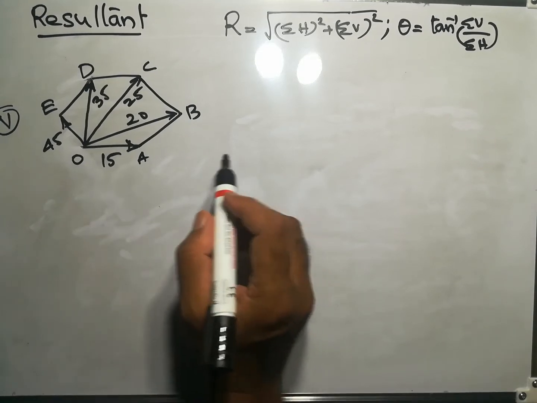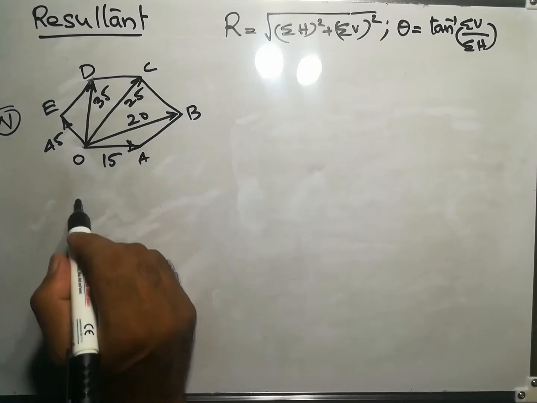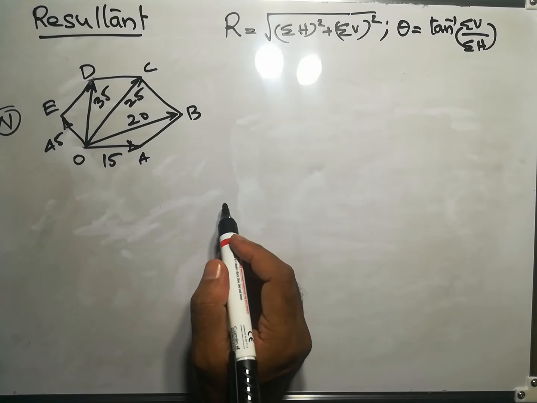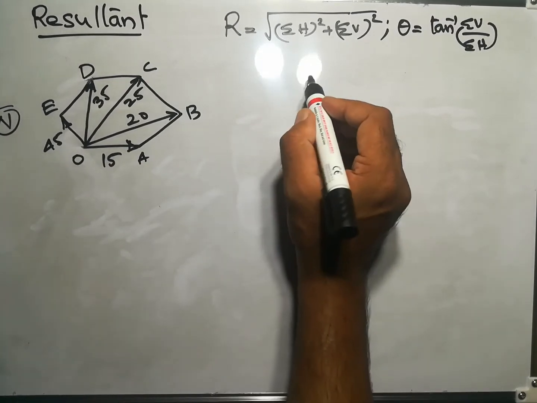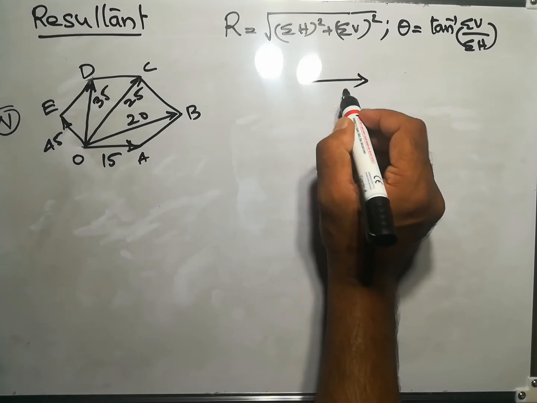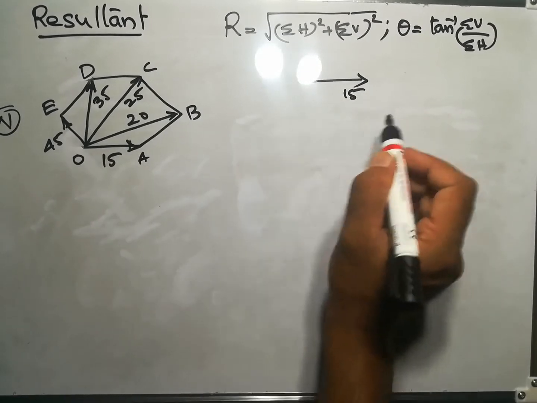Now let us find out how we will calculate the horizontal and vertical components of all these forces. For that, we will consider the first one, the 15 Newton force. As we know, it is acting in the horizontal direction, along the x-axis.